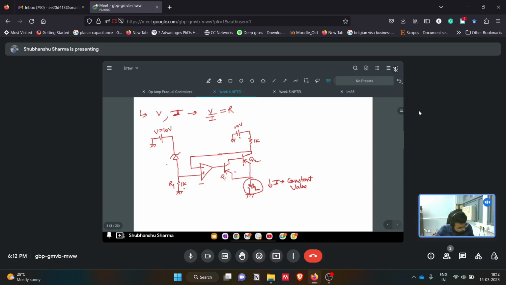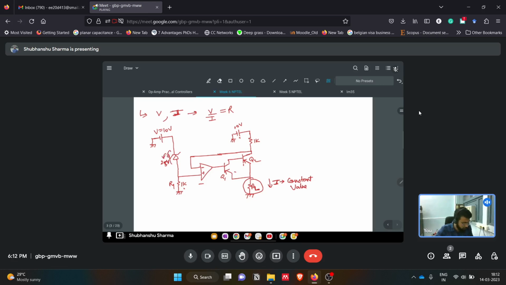Basically we realize the circuit where, if we go step by step from the input side, we have a Zener diode which we were using, with 2.5 volt reverse bias voltage. Once this 10 volt is applied here, it will go into reverse bias saturation, and the voltage drop across this will be 2.5 volt.